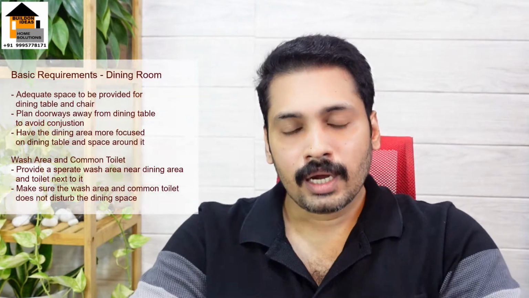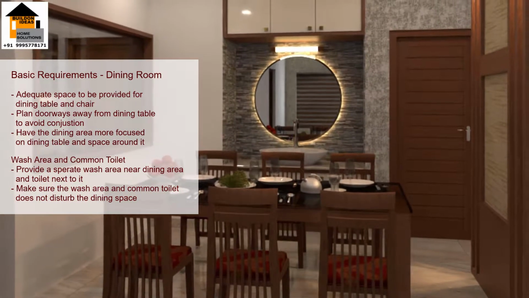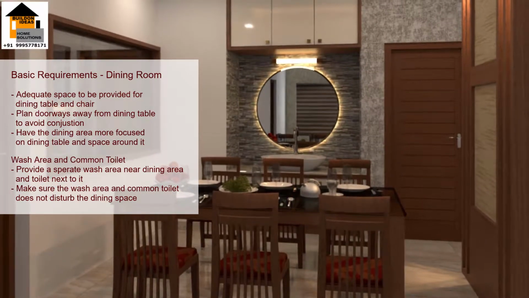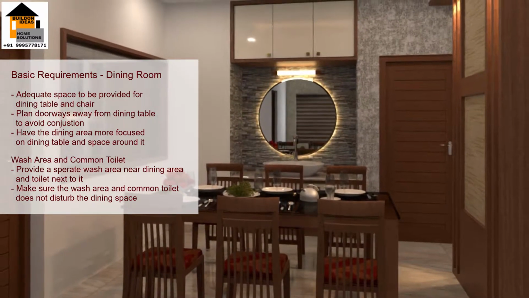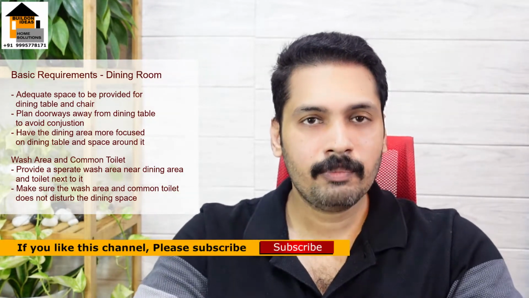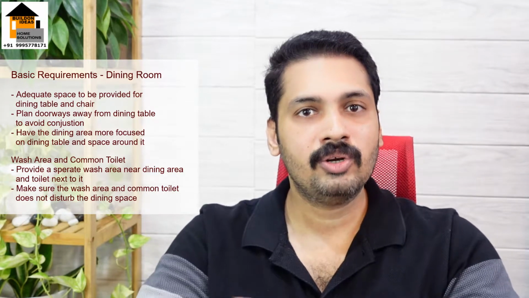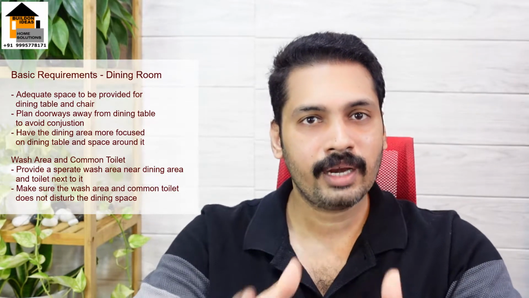Now, when we consider a dining room, we have seen quite a lot of plans in which all the door spaces come around the dining room, and we don't find any space for the dining. The dining table will be positioned in the center, and you have different doorways in different directions right from the center.